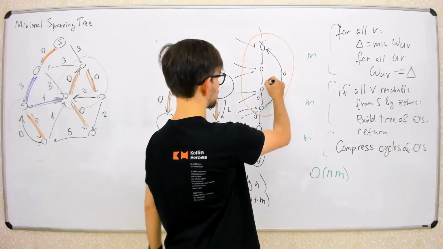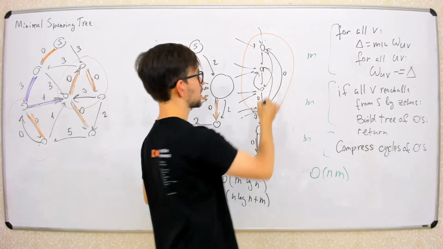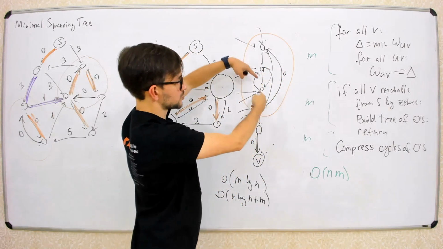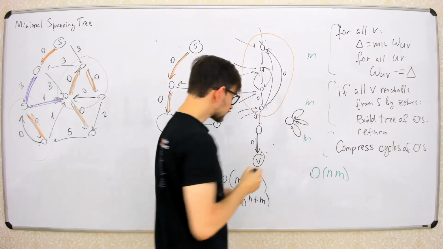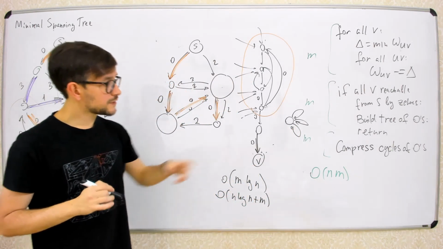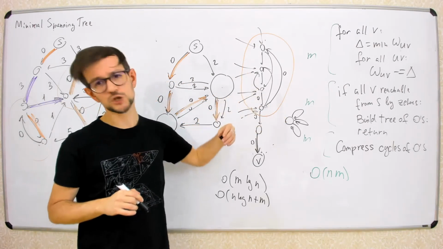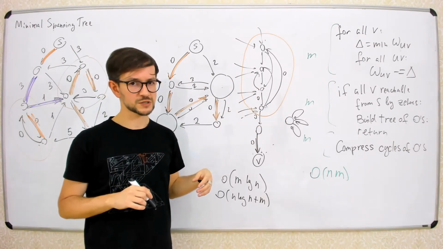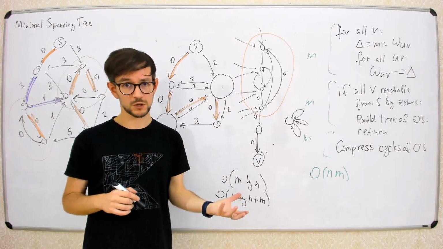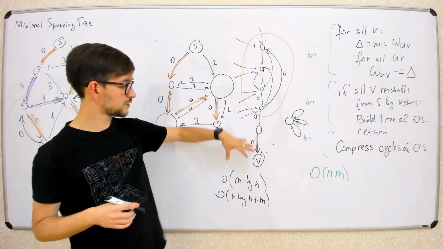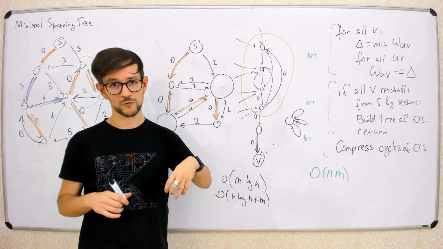When you have edges inside this component and compress all these nodes into a single node, you will have a node and some loops. And these loops may be the minimums. So when you remove these loops, each time you spend log n time, because removal from a Fibonacci heap costs you log n time. So if you just apply a Fibonacci heap to this algorithm, you will have m log n time again, because for each edge you need to spend log n time to remove it from the Fibonacci heap.